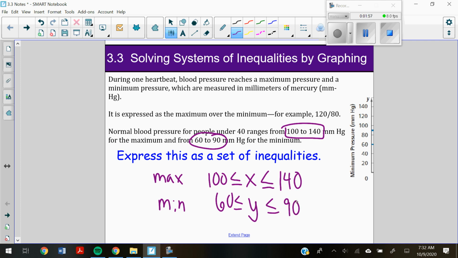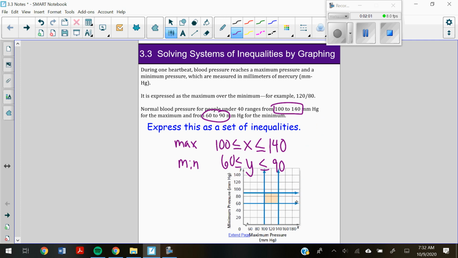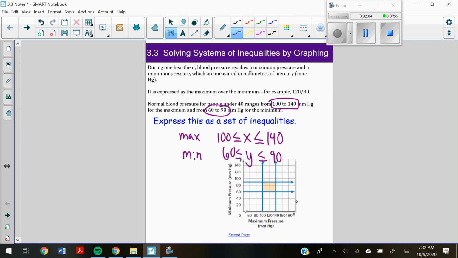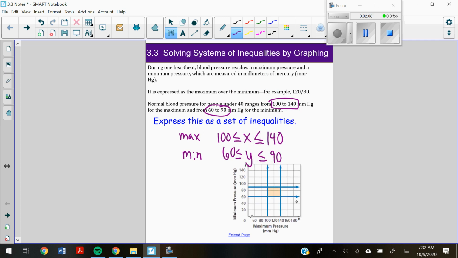So if you look, you have that little graph next to it, and that's going to show us this. All right, so here we see our one. We're going to see between our 100 and our 140. Okay, it's going to be greater than 100. So x is greater than 100. Remember, you can think about that this way. So that means we shade to the right.